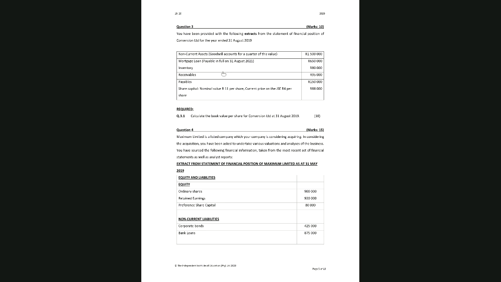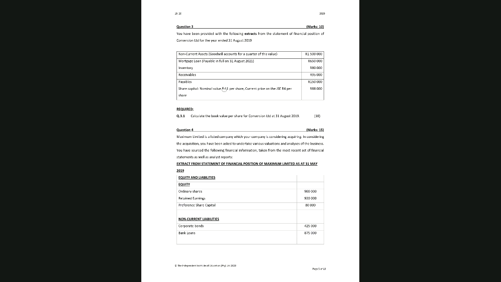The nominal value per share means, again, if you think about it, I always try and tell my students, think about it as a piece of paper, like a note of currency. If someone's giving you a 200 Rand note, if someone is giving you a share of this company, what is printed on that share, the nominal value will be the Rand value that those shares were originally issued for, which was 11 Rand per share.